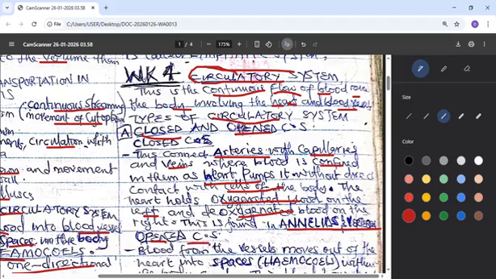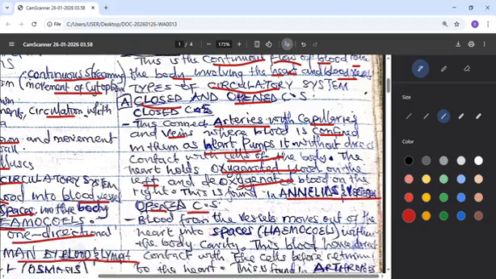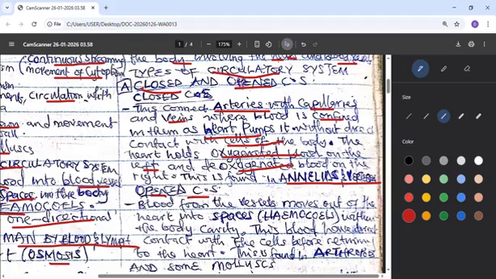Now open circulatory system. In this one, blood will flow from the vessels and move out of the hearts. From the vessels, they move out of the hearts into spaces we call hemocoel, so within the body cavity.